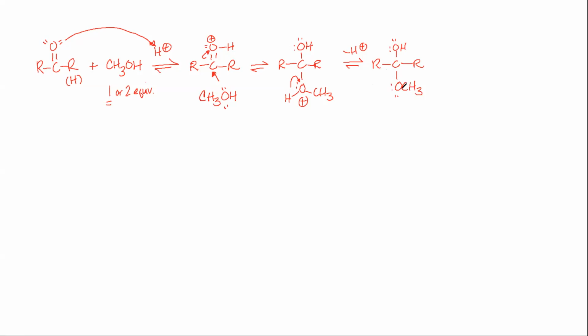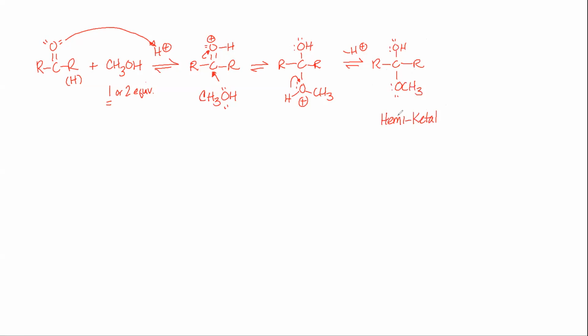And this species in this case would be called a hemiketal. After the exam, after we learn a few more of these different kinds of compounds, we'll go through and learn how to name them.